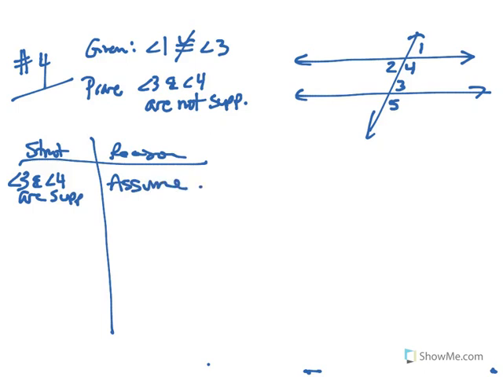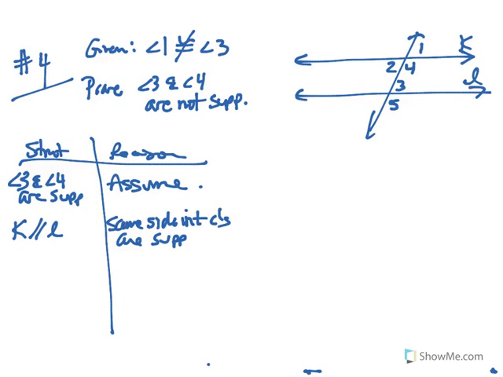And so when we assume they are supplementary, let's see here, I forgot to put the names of the lines. K is parallel to L because if same side interior angles are supplementary, then two lines are parallel.